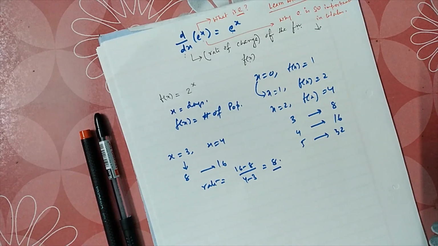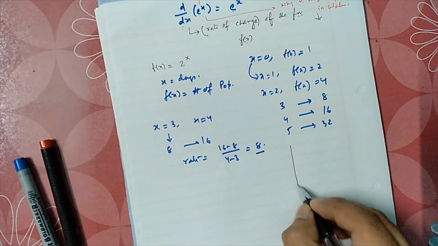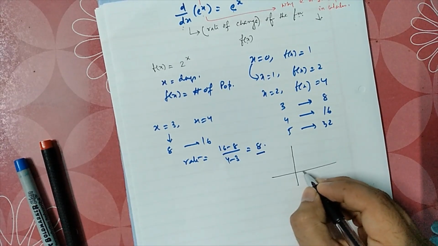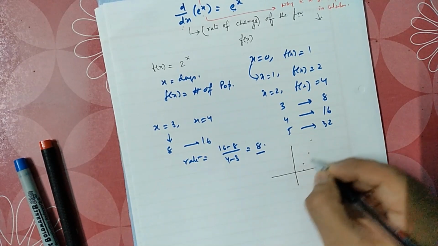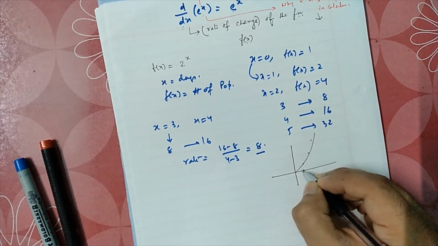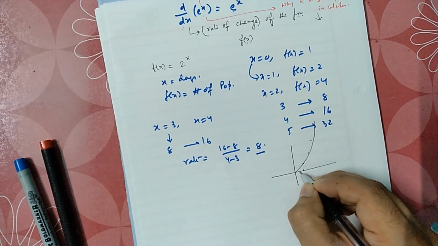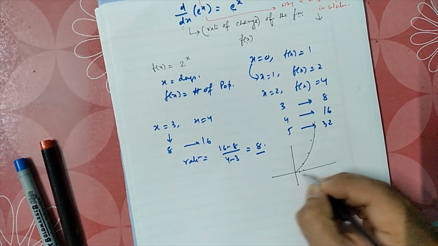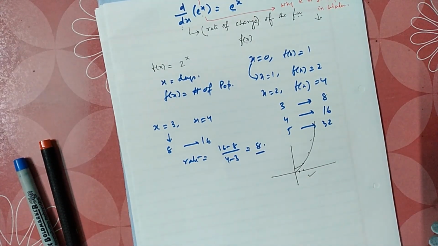In the basic concept of derivatives, you might have learned that suppose this is the graph of 2 to the power x. That means 2, 4, 8. 2 to the power 0 is 1. So from 1, this type of graph is there.